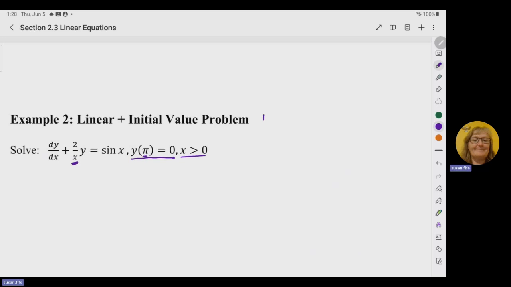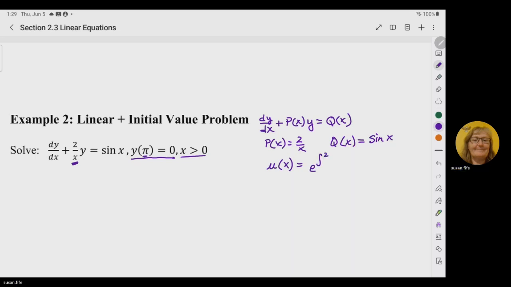Notice that this is in general form. If it isn't, you would rewrite it into general form. It's in general form where p of x is 2 over x and q of x is sine of x. So I'm going to introduce my integrating factor, which is going to be e to the integral of p of x dx.